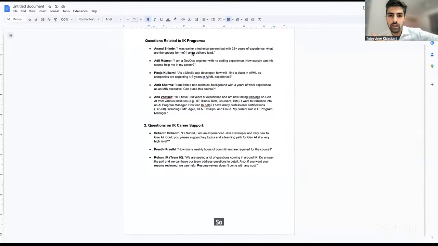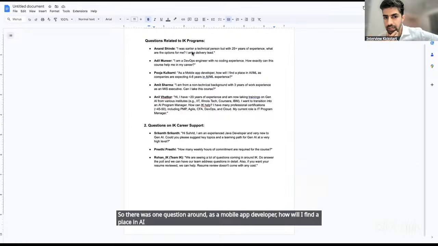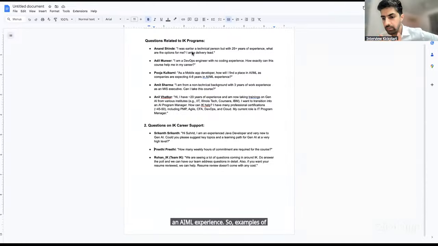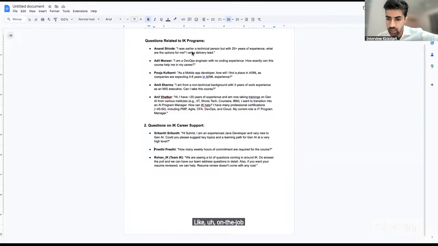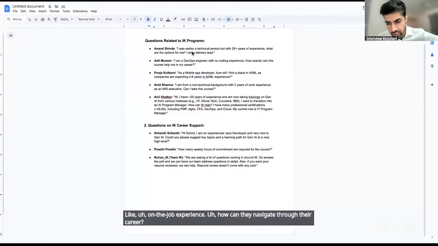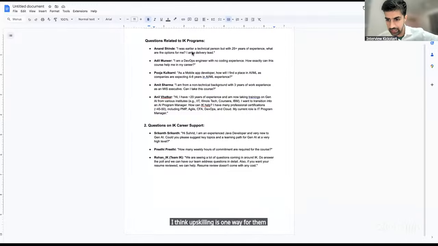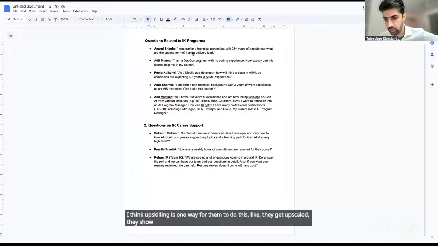There was one question around, as a mobile app developer, how will I find a place in AI/ML companies, as companies are expecting 4 to 6 years of AI/ML experience? So the core question is, for somebody who doesn't have on the job experience, how can they navigate their career? I think upskilling is one way for them to do this. They get upskilled, they showcase through projects and experiential learning. But if you could just throw some light on it.